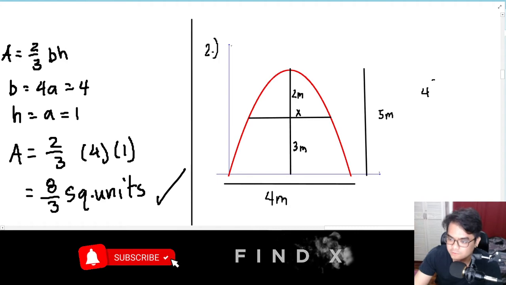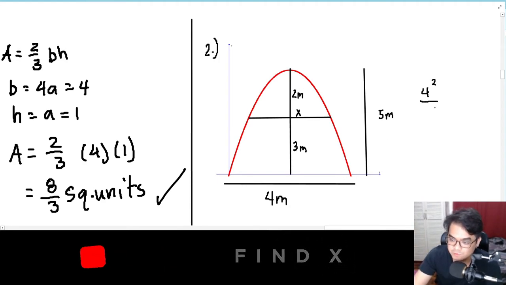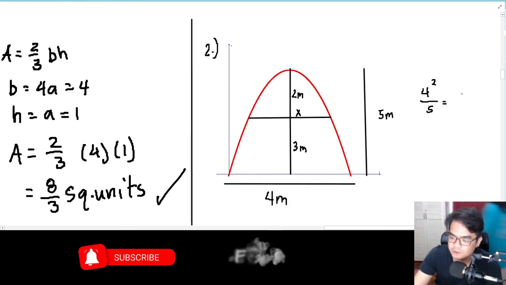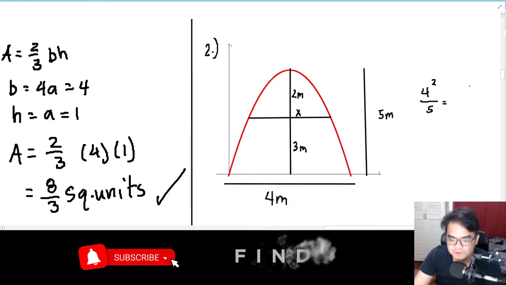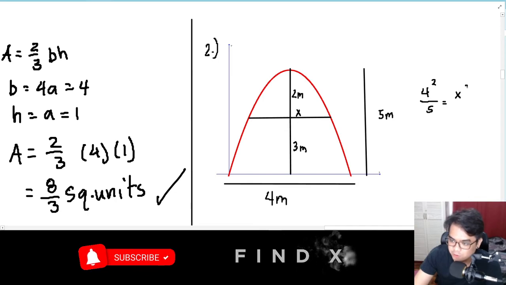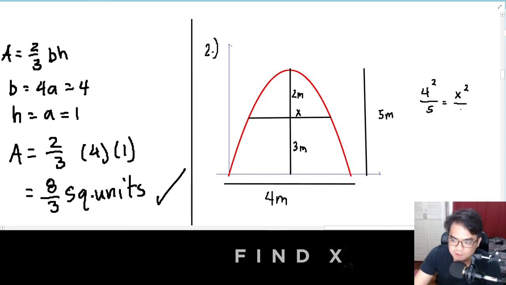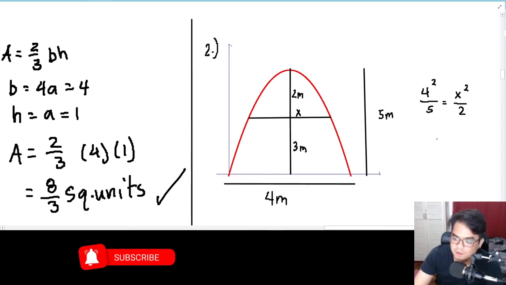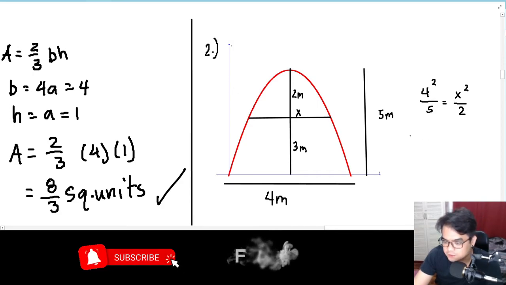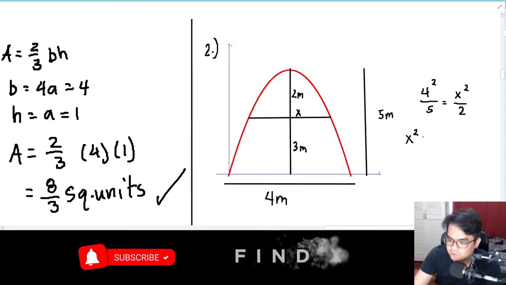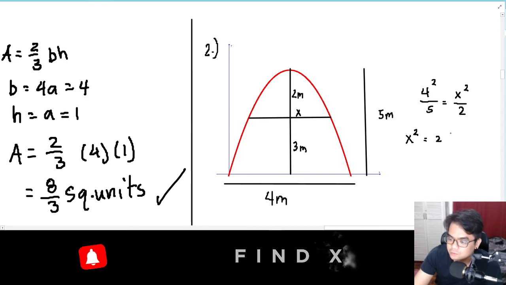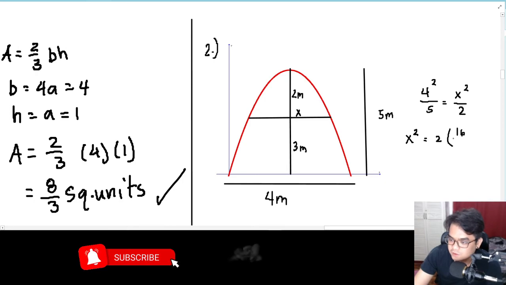So 4 squared all over the height of the big parabola, which is 5, equal to the base of the small parabola, x squared, over the height of that, which is 2. So finding the value, x squared equal to 2 times 4 squared, just 16 over 5.